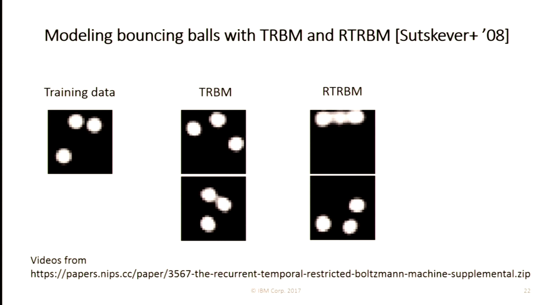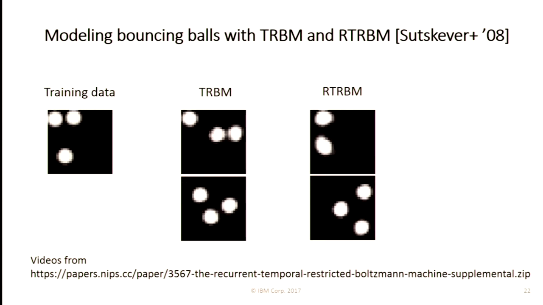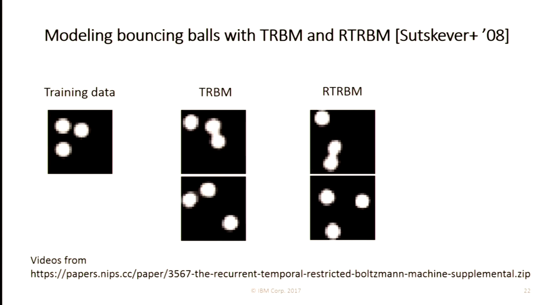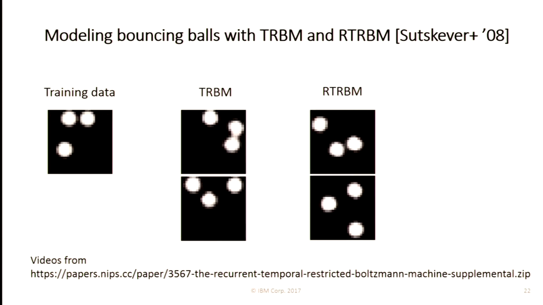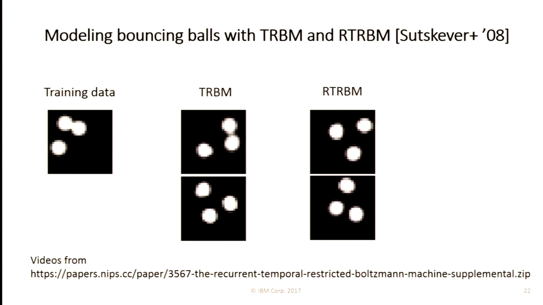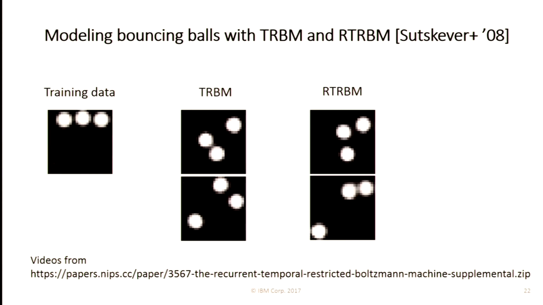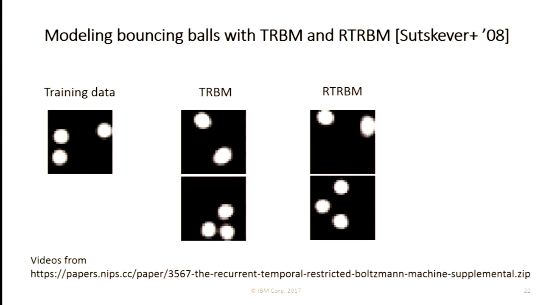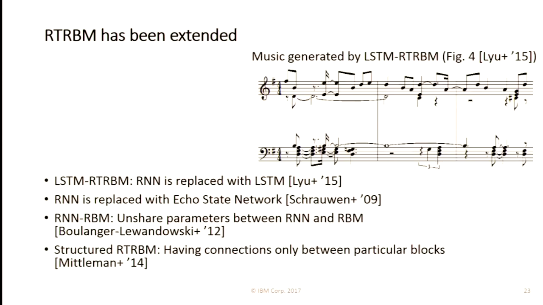It is difficult to see which is which, but if you look very closely, this recurrent temporal RBM gives a slightly better movement of this bouncing phenomenon of this movie. Okay, so this is the last slide before the break.